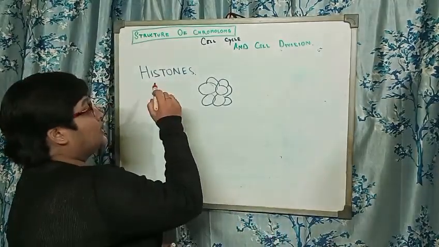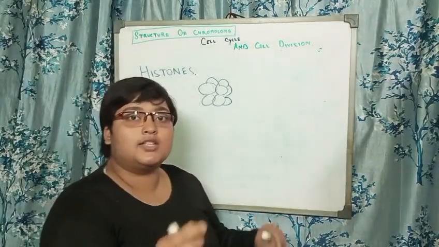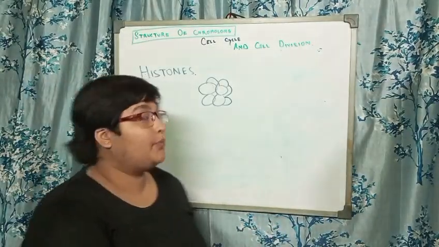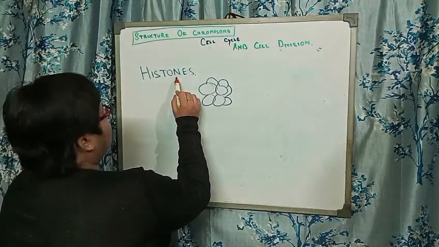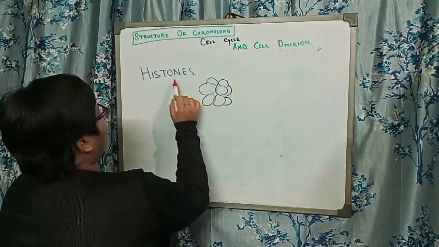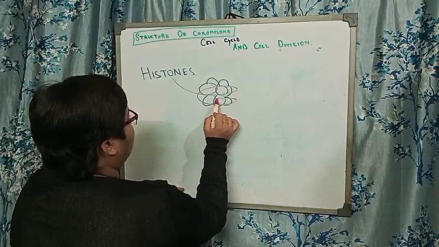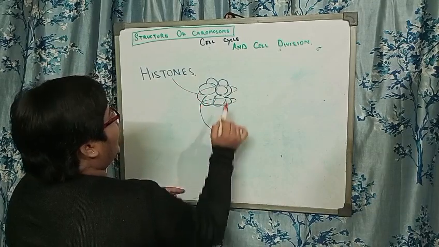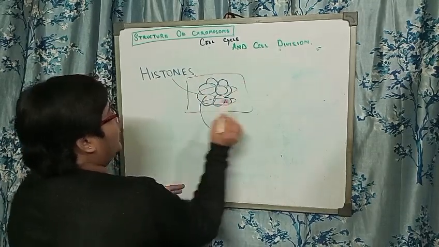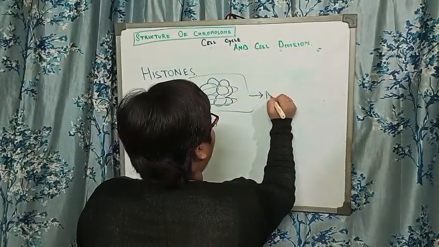Fine. The DNA strand which we have learned just now: each histone octamer is wrapped around by 2.5 turns of DNA, and this structure is known as a nucleosome.